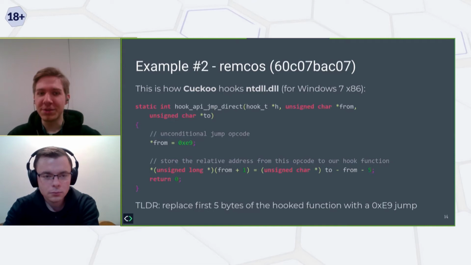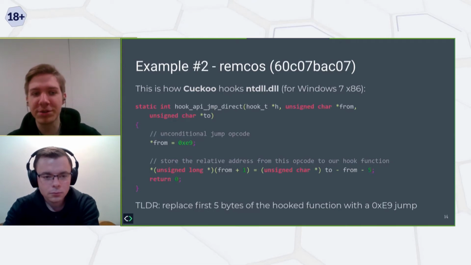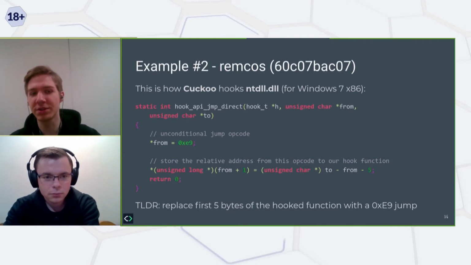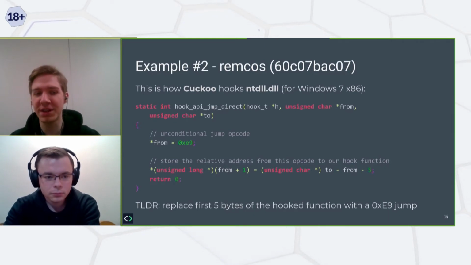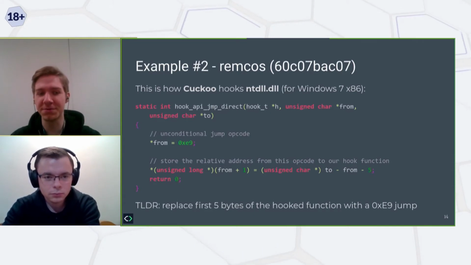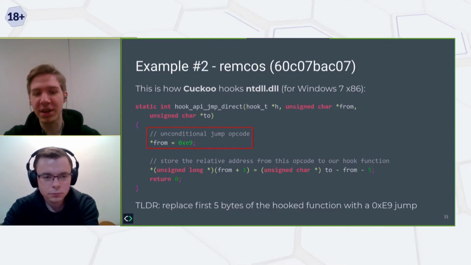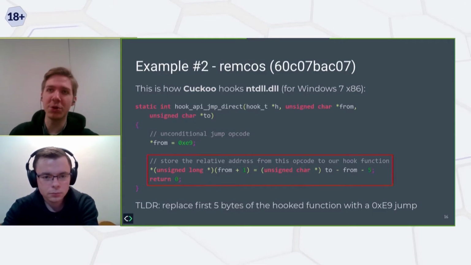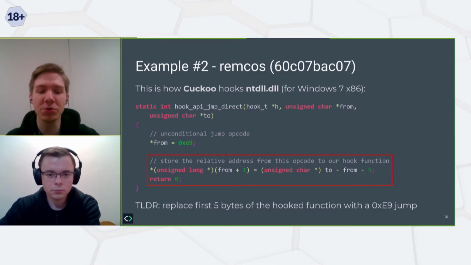Another example of this could be Remcos, which is a bit of a longer example. We can see that Cuckoo Sandbox hooks functions from NTDLL by overwriting its first bytes with the jump opcode, and then the address of the function we want to call.